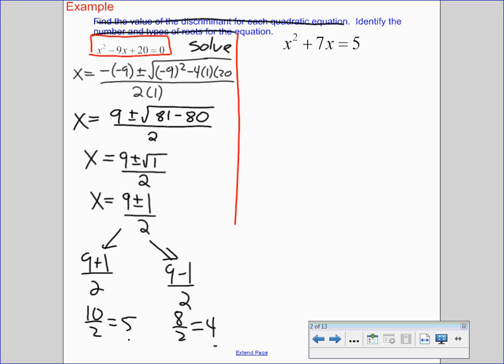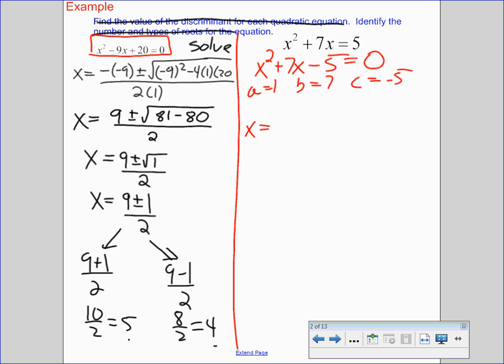The second one here is not ready to be put in the quadratic formula. Remember, in the quadratic formula, the equation must be set equal to 0. So A is 1, B is 7, and C is negative 5.